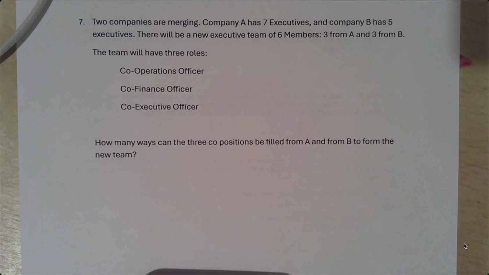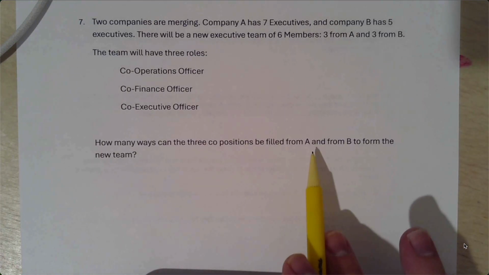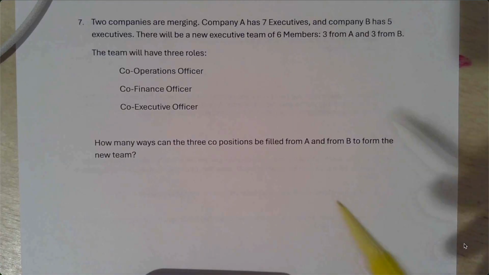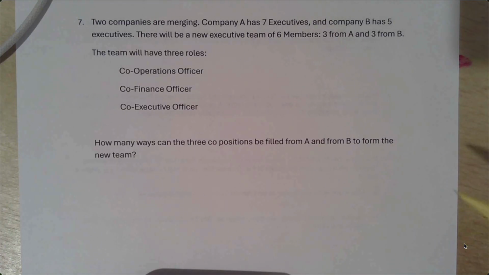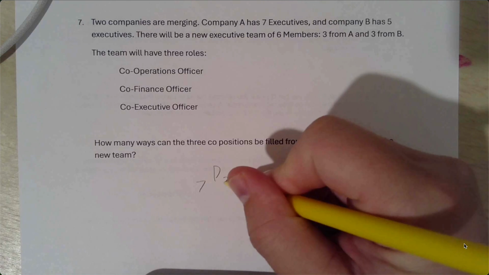So we need to essentially, right, choose 3 positions from A to be COO, CEO, CFO, and 3 positions to be COO, CFO, CEO, from B. And then we need to think, how many different ways could those be put together? Now, it's not too bad, but what this honestly comes down to, and it's pretty simple once you see it, is it's 7 permutation 3.